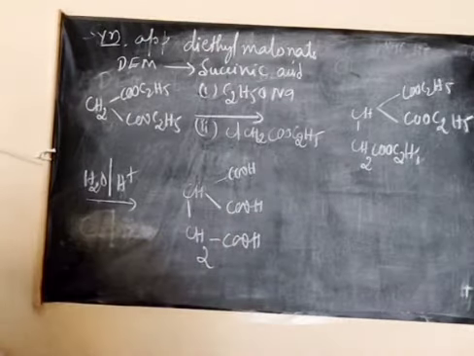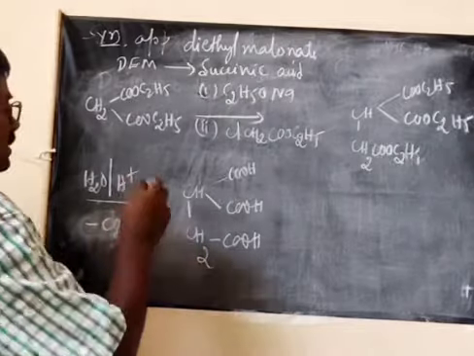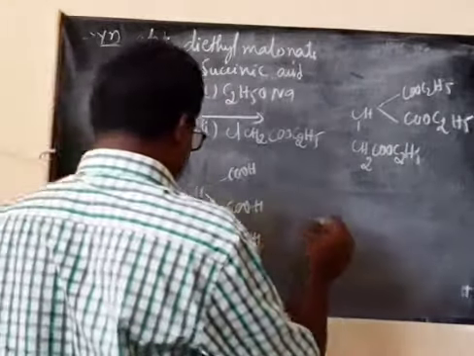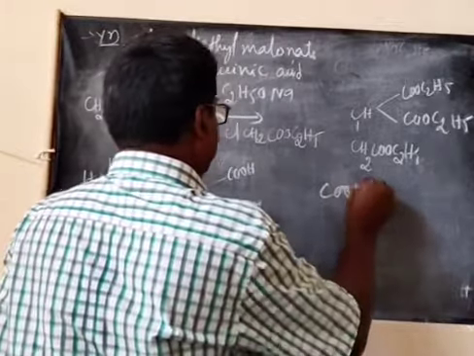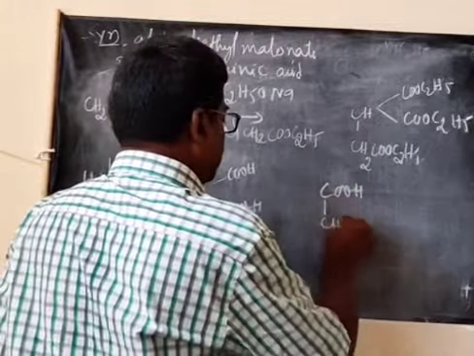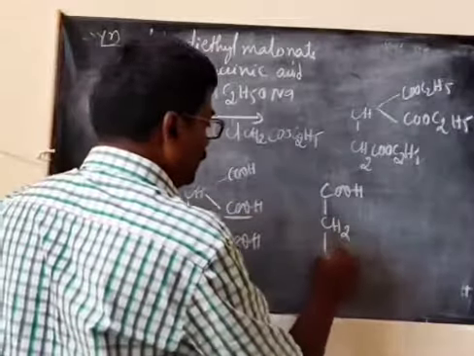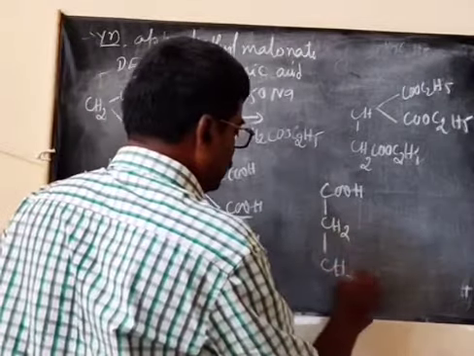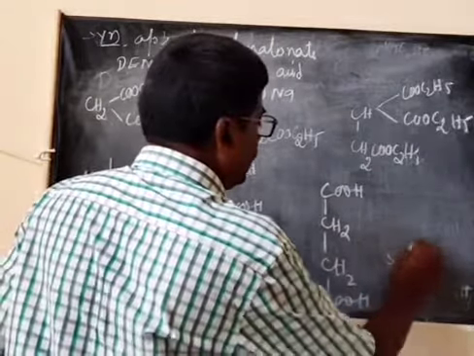So therefore it undergoes decarboxylation. Minus CO2, it gives COOH, CH2, CH2, COOH. So this is called succinic acid.